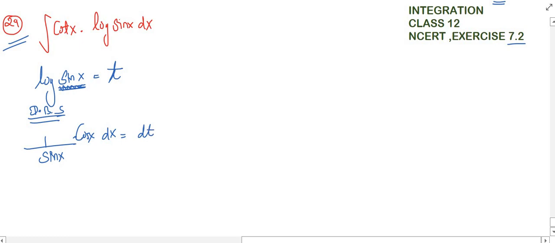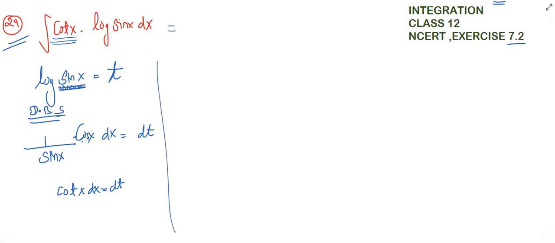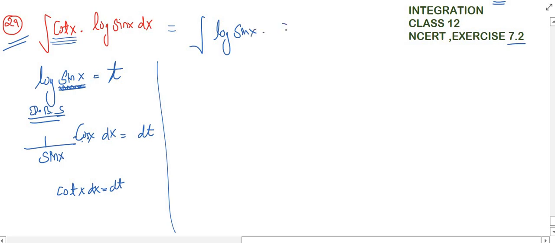Perfect. What is cos by sine? Cos by sine is cot x dx is dt. So I can see that it is there in the question. So can I use it? Let me just see. Log of sin x, I can write cot x dx.